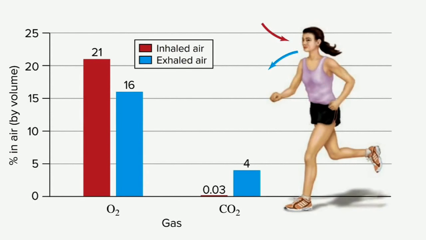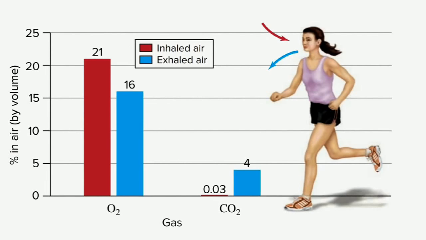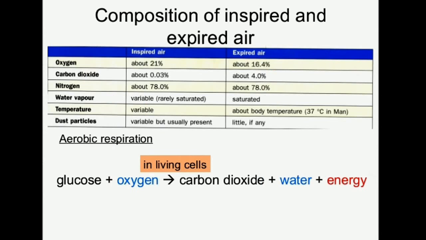How much oxygen exchange takes place in our body? 21% is the oxygen present in the atmosphere, and in breathed out gas it is 16.5%.